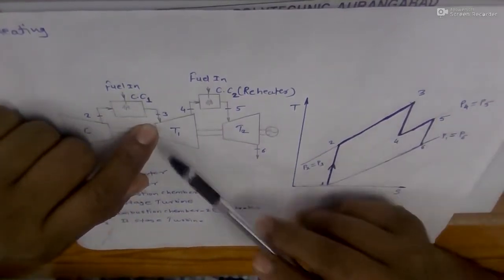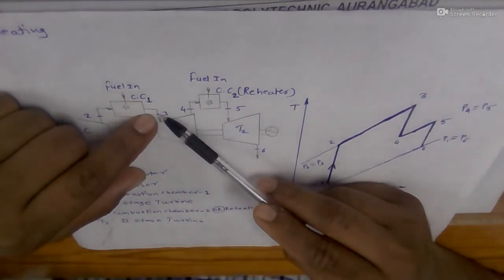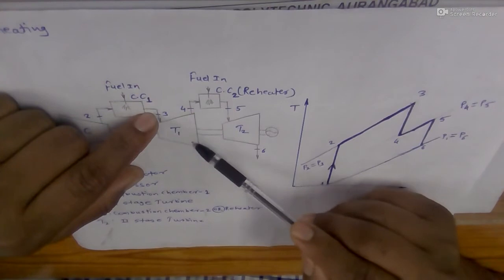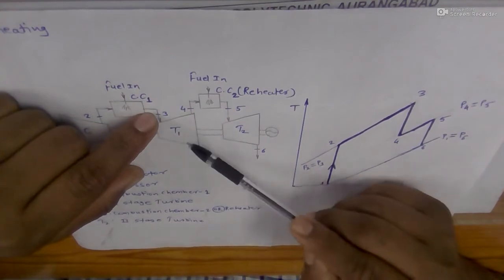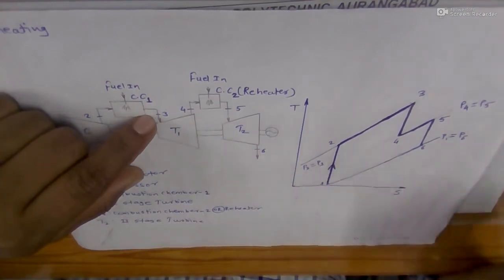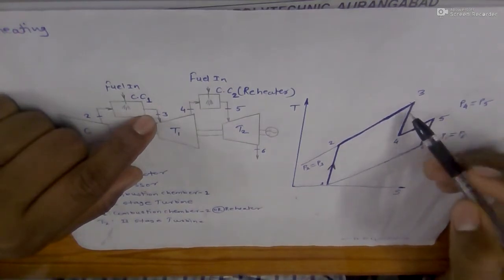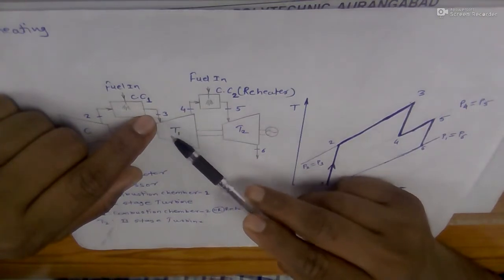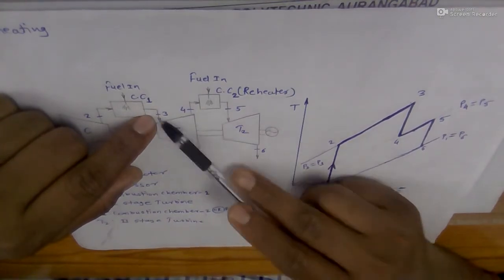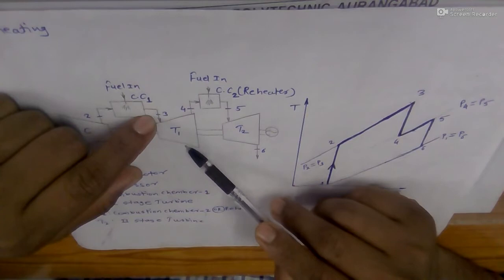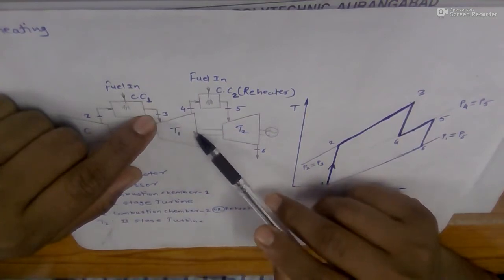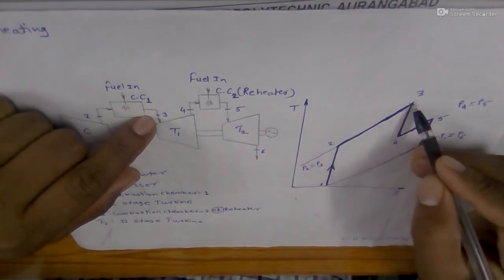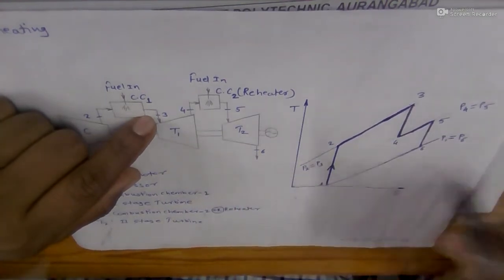Once the process reaches state 3, all the gases are allowed to expand inside turbine 1. Turbine 1 में जाते ही, state 3 to state 4, those gases are allowed to expand. Whenever they expand, a pressure drop as well as a temperature drop takes place, and the whole expansion process is isentropic.